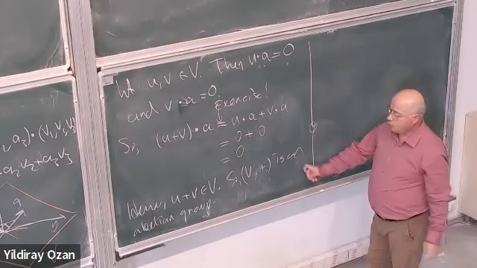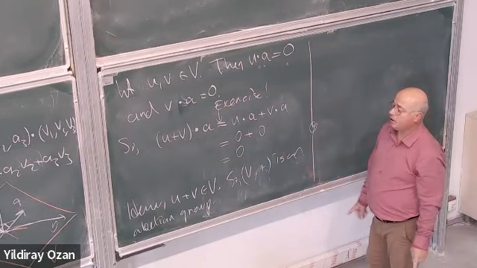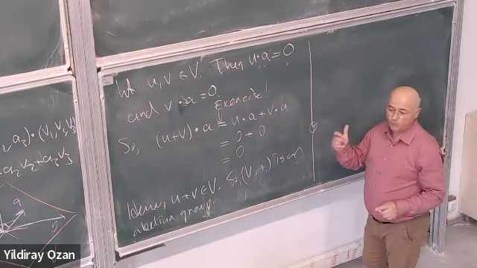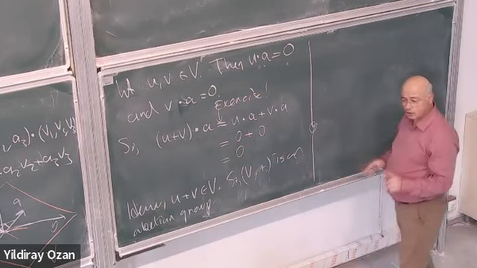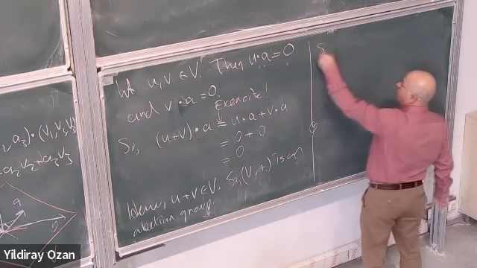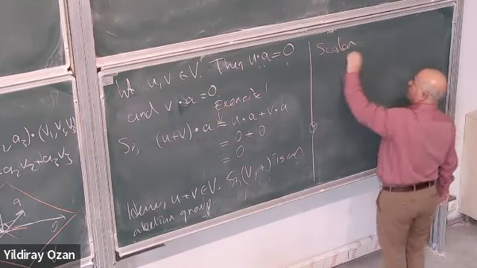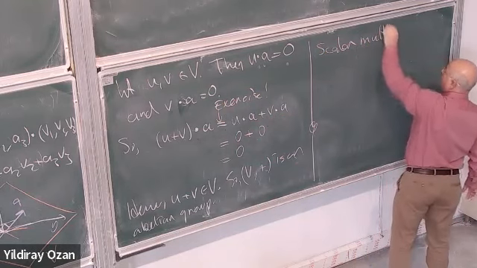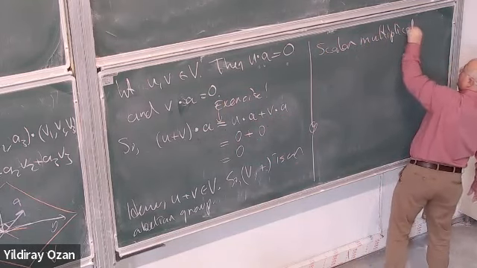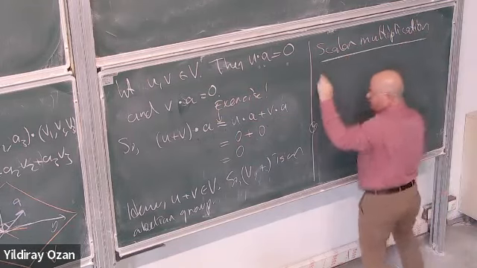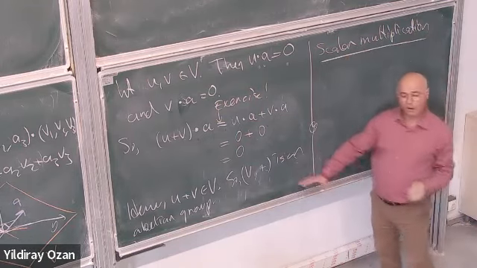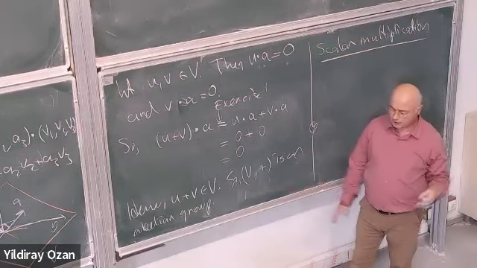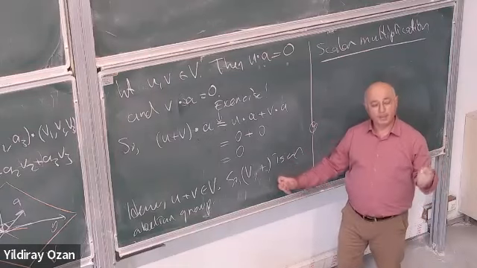And then we have to do what? We have to check that the other two properties of being a vector space are satisfied. One of them was scalar multiplication. This is the first property, the first condition V should satisfy: V should be an abelian group.